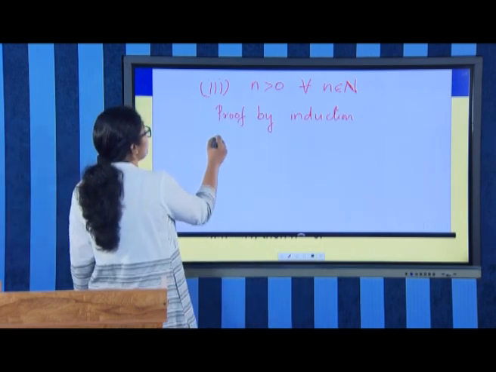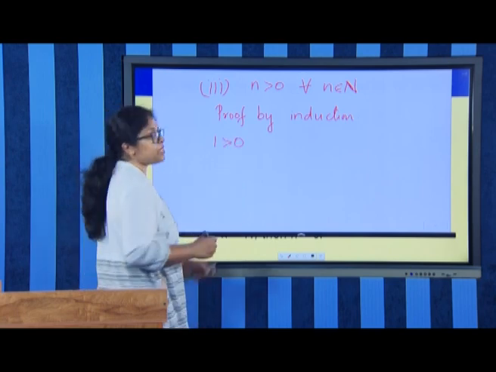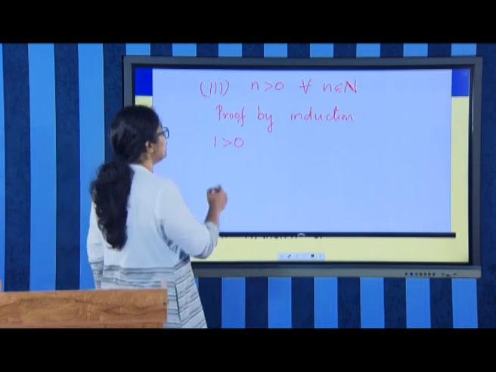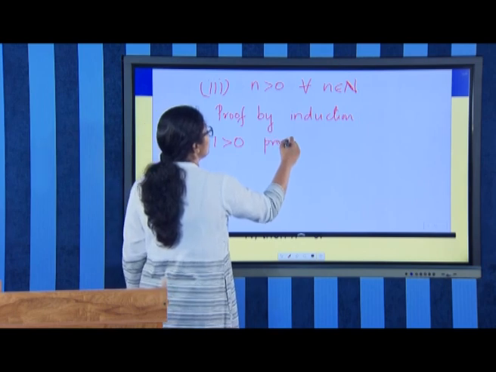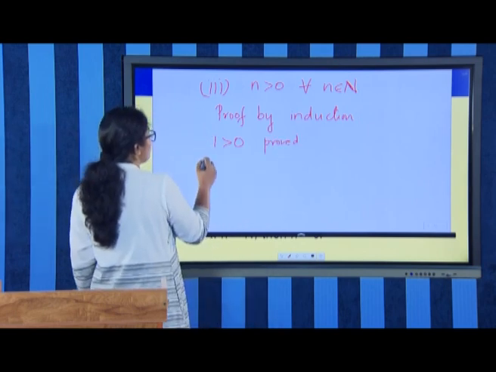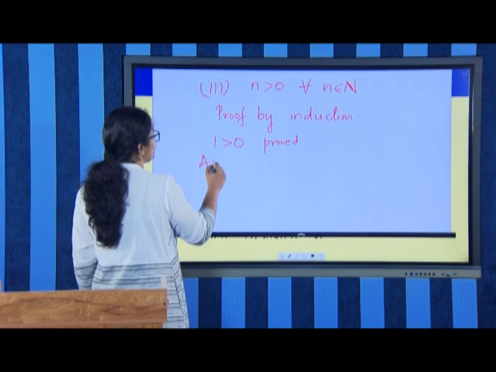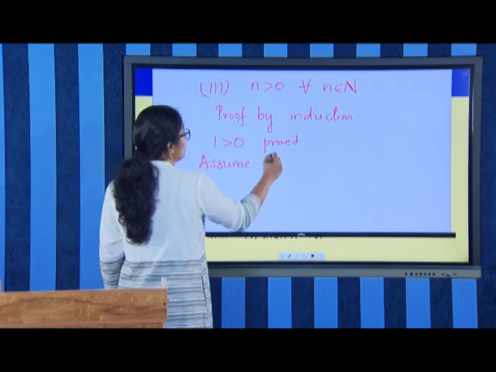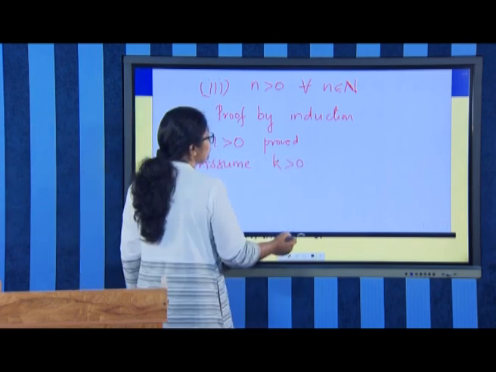So, first we have proved the first case, 1 is definitely greater than 0. Then by the induction hypothesis, we will assume k is greater than 0.